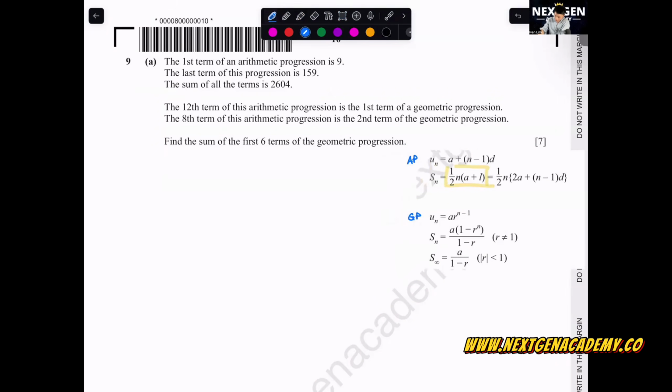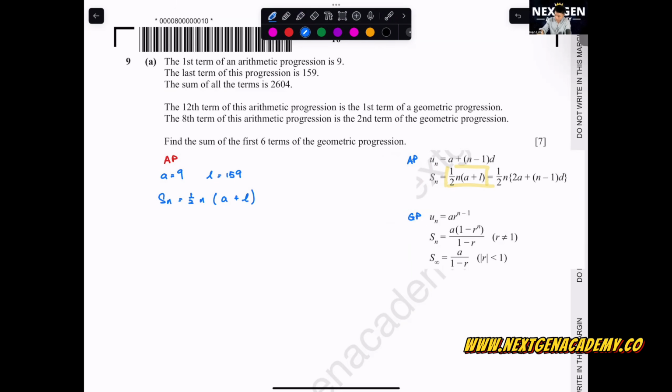Okay, what did they give us? For the arithmetic progression, I write it as AP here. AP, the a is equal to 9. The l given to us is equal to 159. Okay, they say the sum, so Sn. The formula that we'll be using here is Sn equals 1 over 2 n (a plus l), the last term.